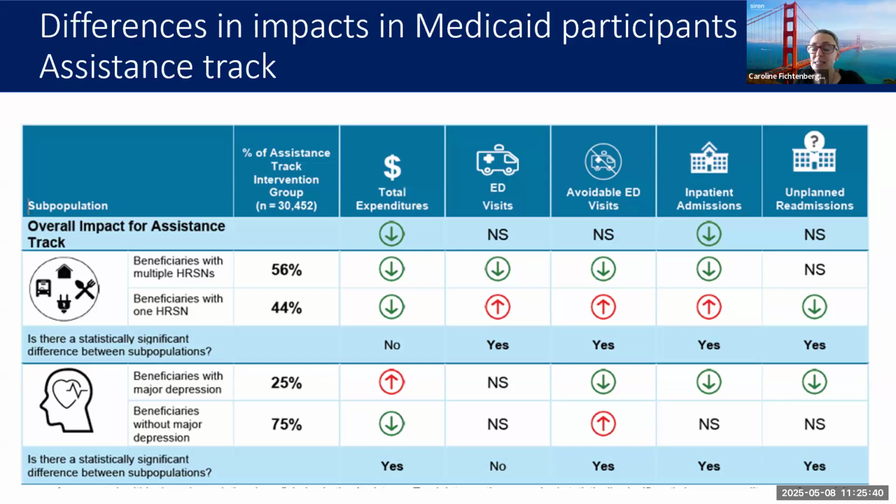So they saw a decrease in avoidable ED visits and a decrease in inpatient admissions and unplanned readmissions, where the group without major depression either saw an increase for avoidable ED visits or saw no impact on these other things. So a little bit of a mixed picture for beneficiaries with major depression, in terms of cost being worse for that group, but utilization seeing larger reductions.